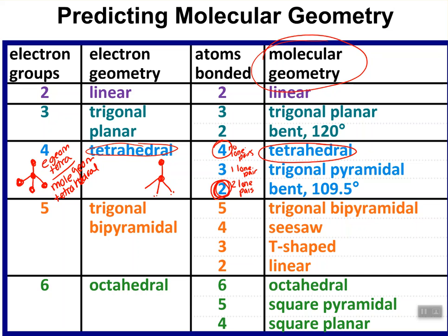So on this one the electron geometry is still tetrahedral, because I'm still looking at just the electrons. But if I look at just the atoms, I get this shape. It's bent 109.5. Just looking at the atoms, the molecular geometry is bent 109.5 degrees.